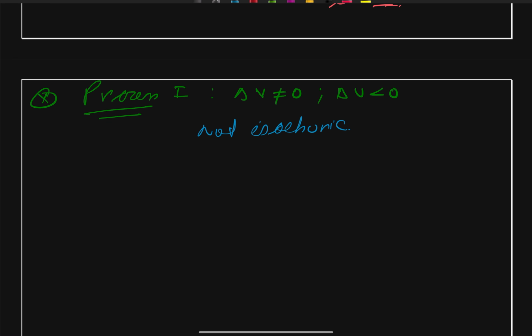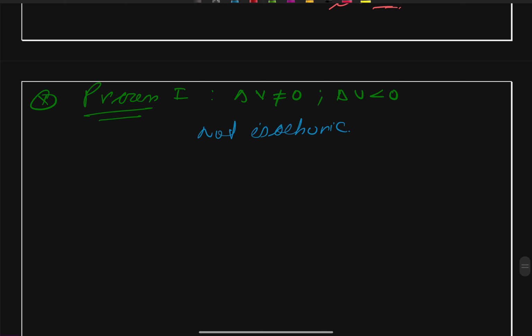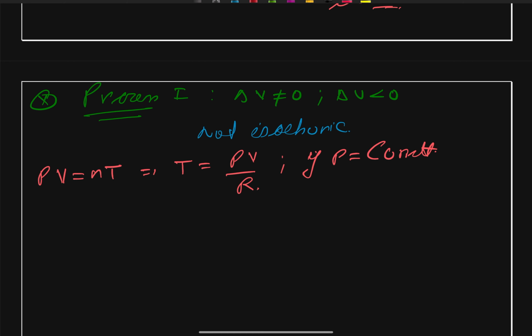And to check whether it is isobaric or not, we can use our standard equation, which gives us that PV is equal to nRT. Or from here we can say that T is equal to PV upon R. And if pressure is constant, then we can write that temperature is directly proportional to volume.